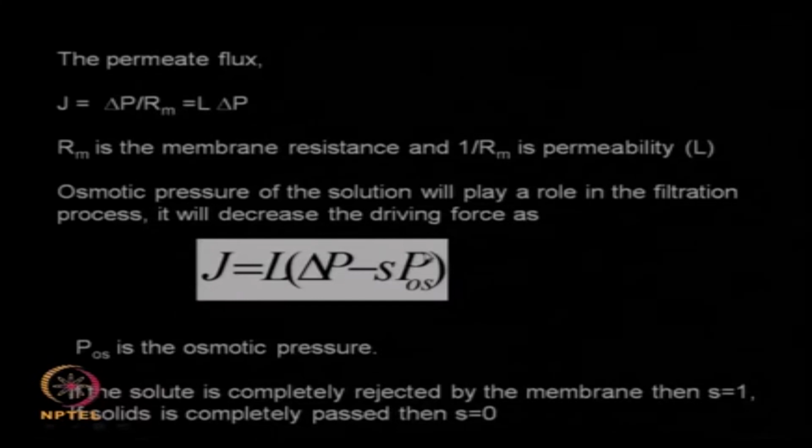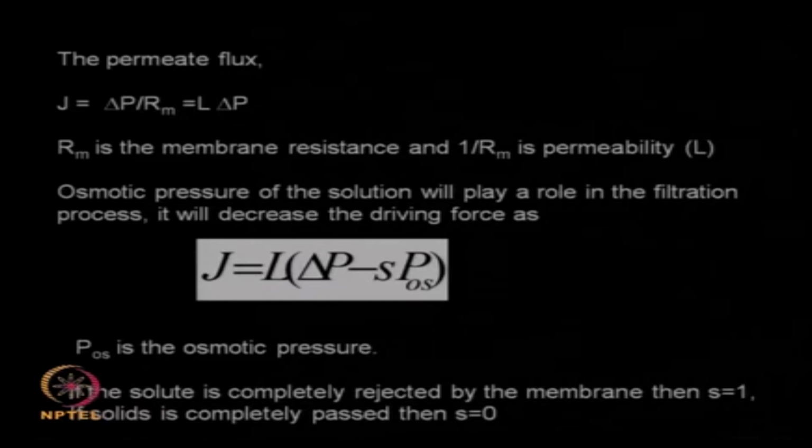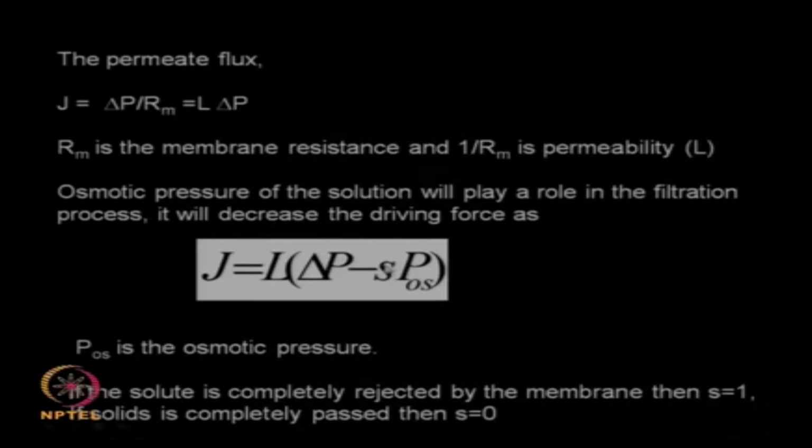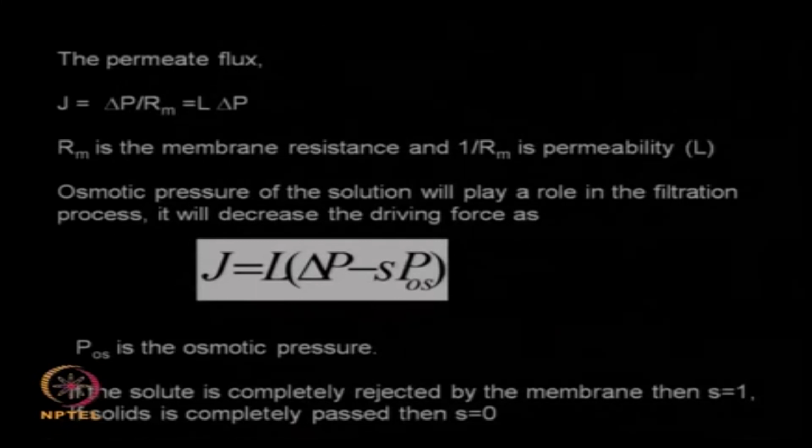That means if solids completely move to the other side, then the osmotic pressure has no effect on the driving force, whereas if the solute is completely captured, that means on the downstream you have pure solvent without the solute, then osmotic pressure will have a maximum effect because S will take the value of 1. So, S takes a value of 0 or 1 and it is 0 if the solute or solids get completely passed. So, the effect of osmotic pressure is completely felt on the membrane process. So, the delta P gets decreased because of the osmotic pressure.